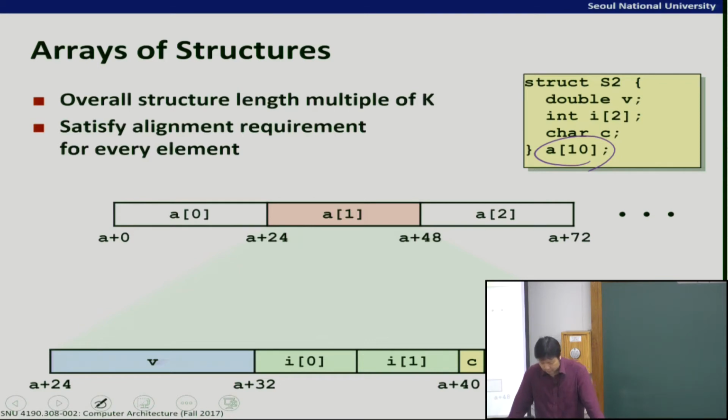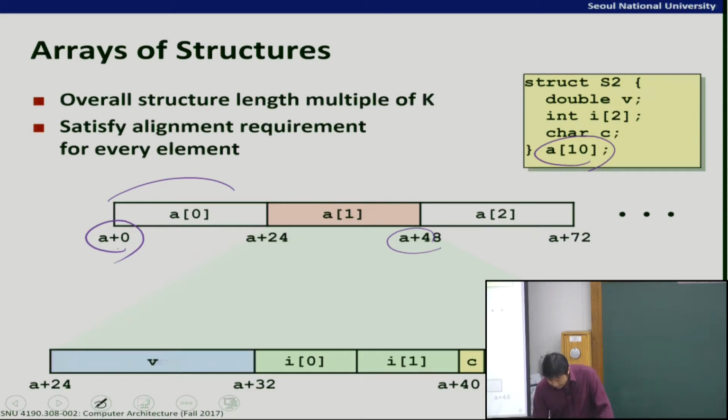So in this case, the first one starts from A, and the second one starts from A plus 24, because the entire thing takes 24 bytes, including the padding bytes. The third one starts from A plus 48, then 72, and so on.